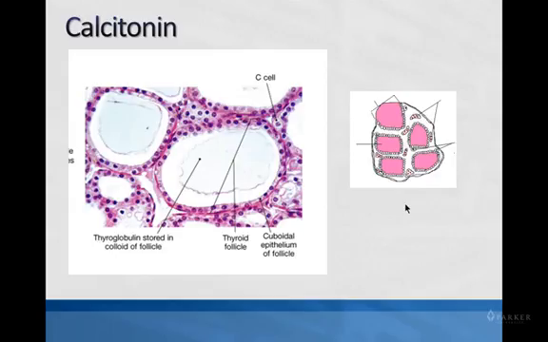Okay. But calcitonin can be used in a clinical setting to treat some bone disorders. If someone has life-threatening hypercalcemia, they can administer a drug that is pretty much calcitonin, and actually they give them salmon calcitonin, which I think is interesting.